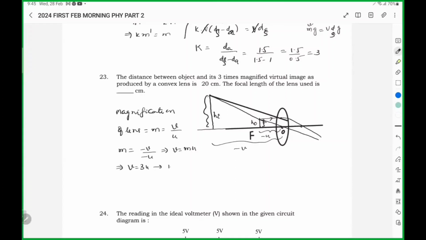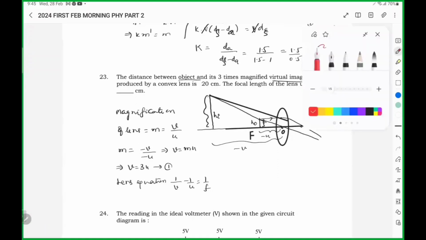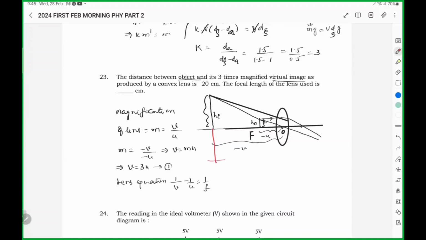It is one equation. So the lens equation is 1 by v minus 1 by u equal to 1 by f. And here there are 3 unknowns, so with 2 equations, one more is required. The distance between the virtual image and the object, that is this distance, is how much? 20 centimeters.